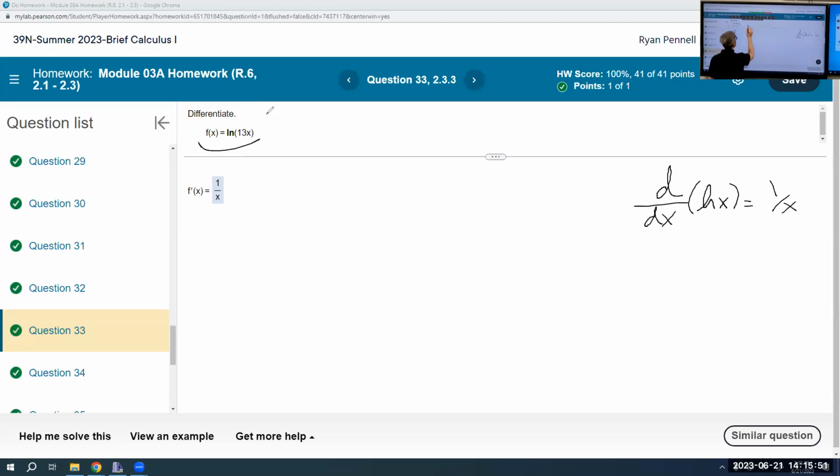Well, you could say f of u equals ln of 13u. Well, I take that back. Let's let u equal 13x. So du/dx just equals 13.